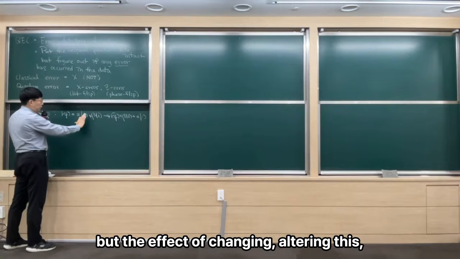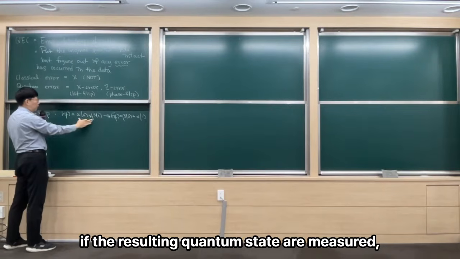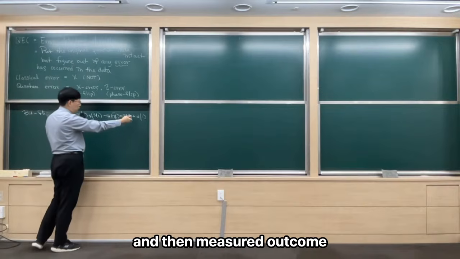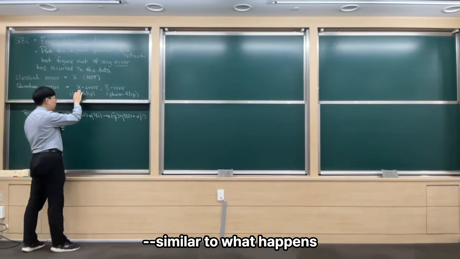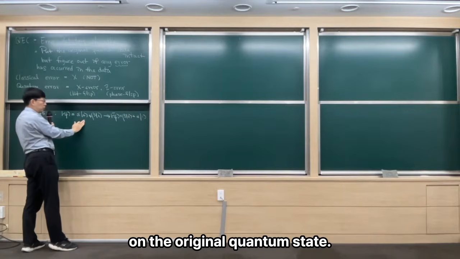But we say it's an X error if, when the resulting quantum state is measured, the measured outcome is similar to what happens when I apply the X gate on the original quantum state.